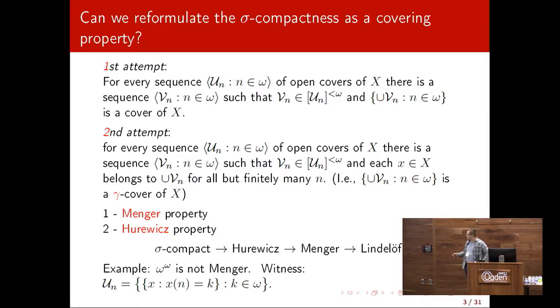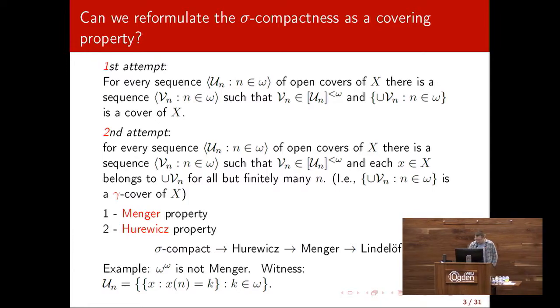And now if you just think a bit, if you select a finite portion from each of these open covers, then on each coordinate you will have some finite bound. And if your function from omega to omega is always above this finite bound, this sequence will never get covered by any of these finite selections.